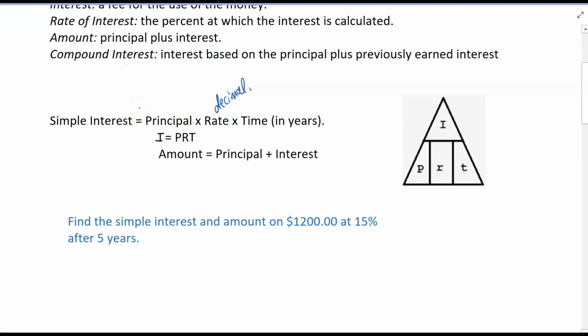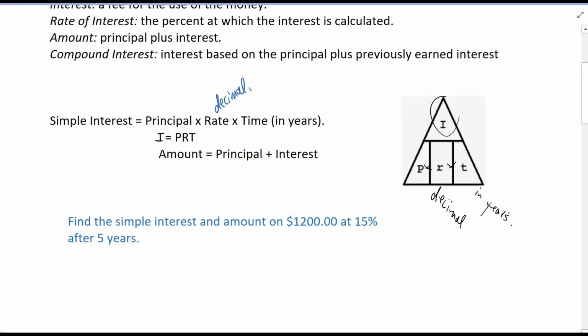And then the amount is equal to the principal plus the interest. The formula triangle for interest is I, which is up top here, equals P times R times T. R is as a decimal, and T is in years.